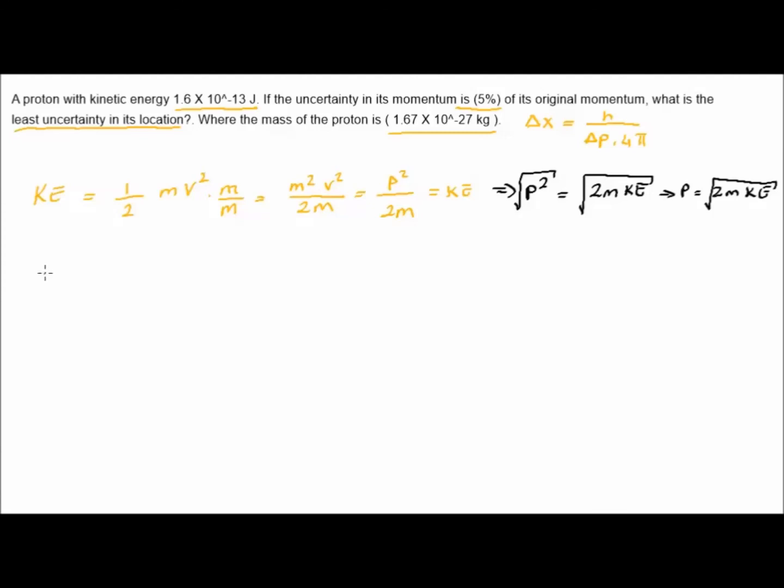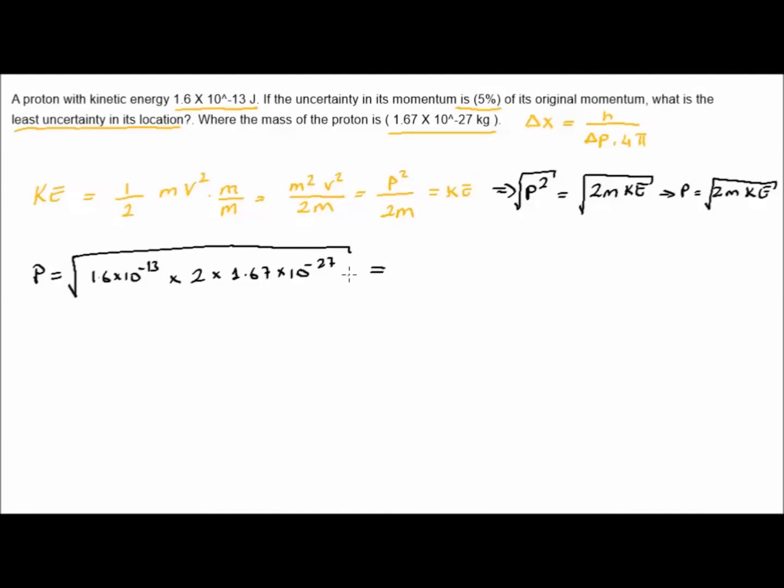So when we substitute the values, we are going to calculate p: kinetic energy 1.6 times 10 to minus 13, times 2 times m, the mass of the proton, 1.67 times 10 to minus 27, so the very long root.